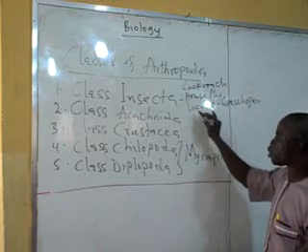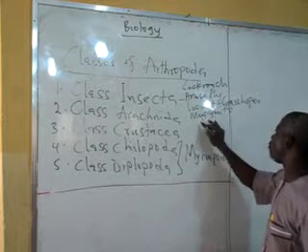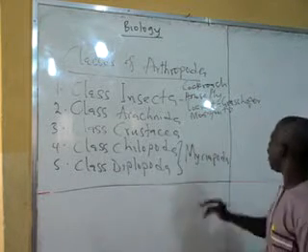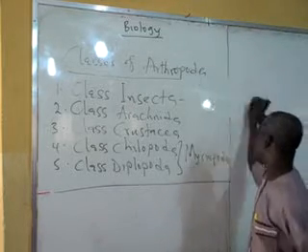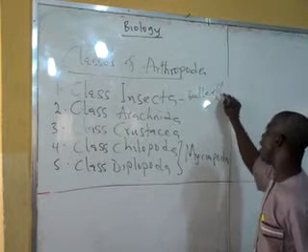Then we also have others like mosquito, butterfly. They are all examples of organisms in this class.